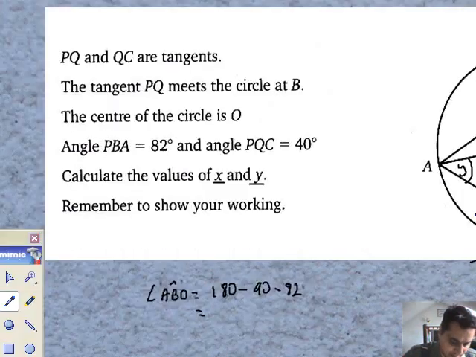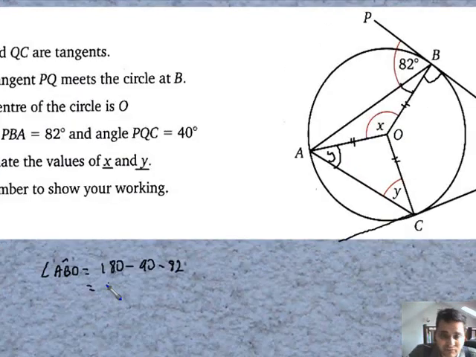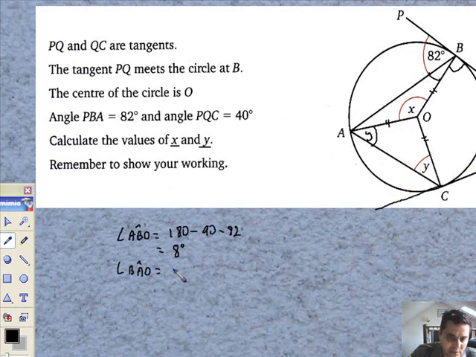So it's 180, take away the 90, take away the 82, and that gives me 8 degrees. That's really skinny. So if that's 8 degrees, then angle BAO is also 8 degrees, because it's an isosceles triangle.